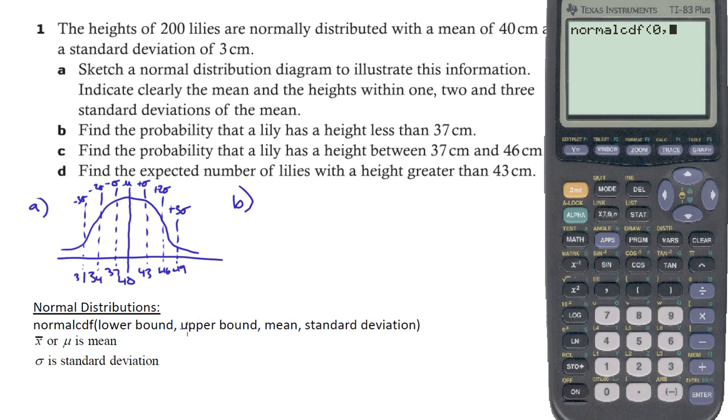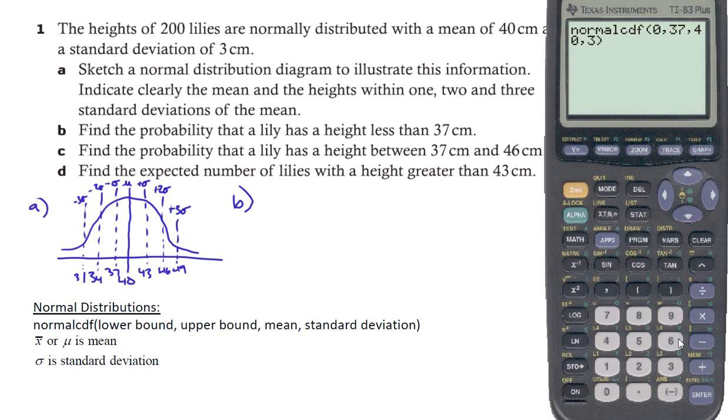And then now I'm going to do the upper bound. The highest we want it to be is 37. So comma 37. You don't have to put spaces in there. Comma, the mean, which they give us up here, is 40. Okay, comma, and then our standard deviation says right there, which is 3.